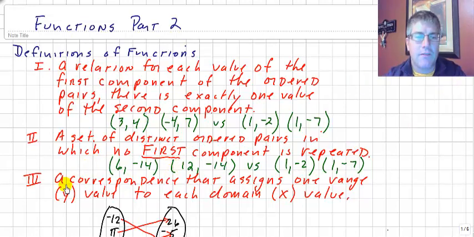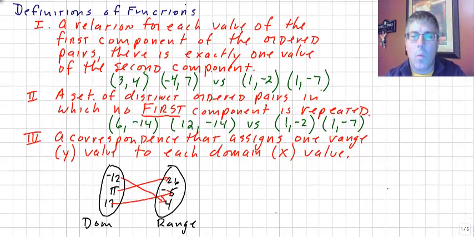And then the third definition, a correspondence that assigns one range value, one y value, to each domain value, or x value. So if we have our mapping diagram here, the domain and the range, where negative 12 leads to 4, pi leads to 26, 17 leads to negative 5, that is an example of a function.